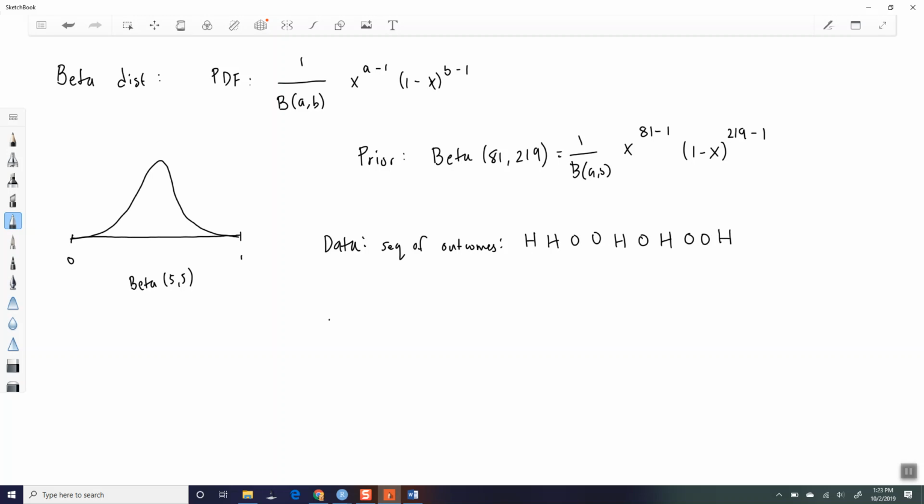So we have 10 at-bats and 5 are hits. We'll say let x be the probability of a hit, because that's what we have up here.